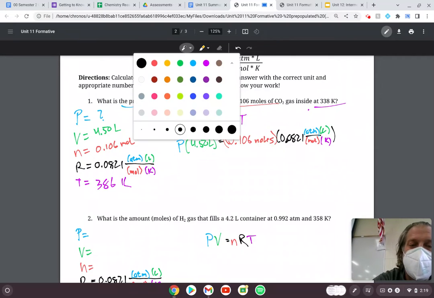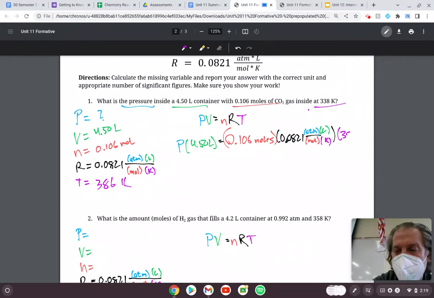And the temperature that we're working with is 386 Kelvin. We're going to use our calculator to combine things that we can. So 0.106 times 0.0821 times 386.